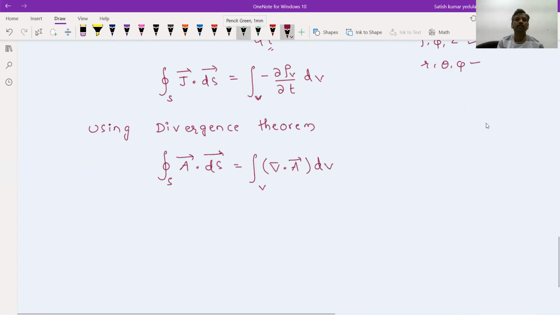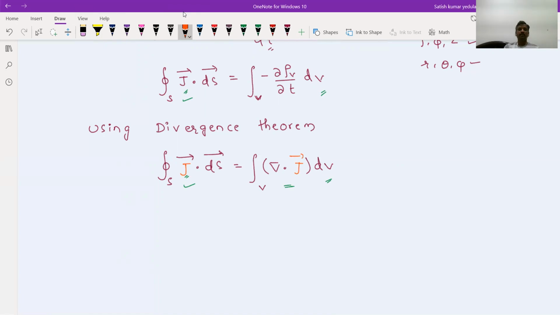This is the relation given by the divergence theorem. In place of A we have J, but that needs to be converted into this particular format, so that both become volume integrations. So in place of A, we write J here also.